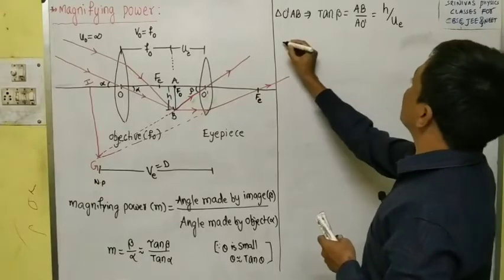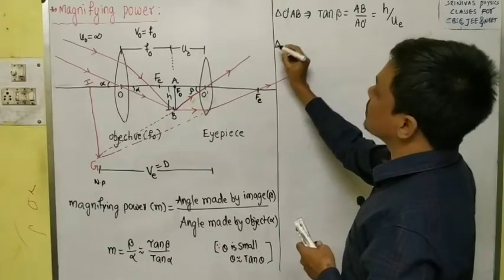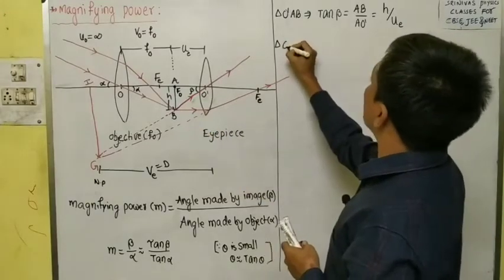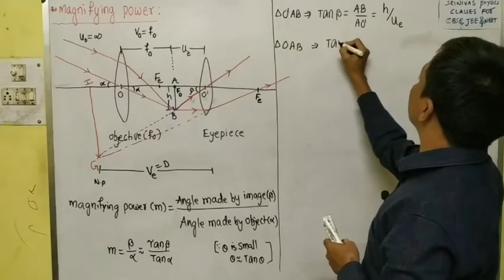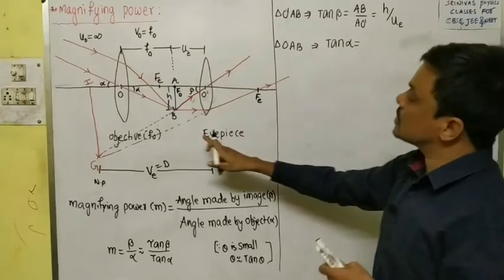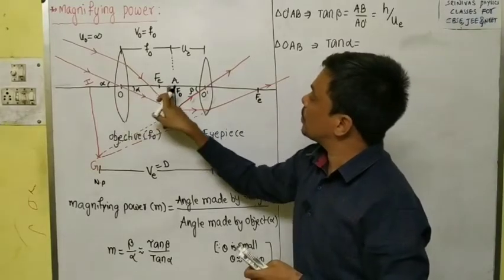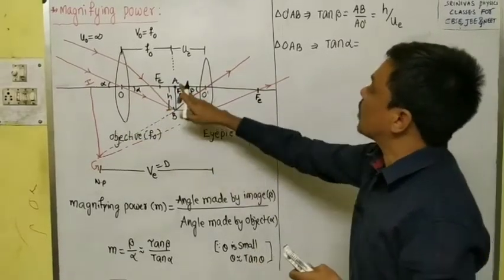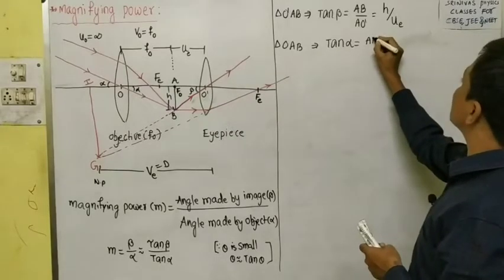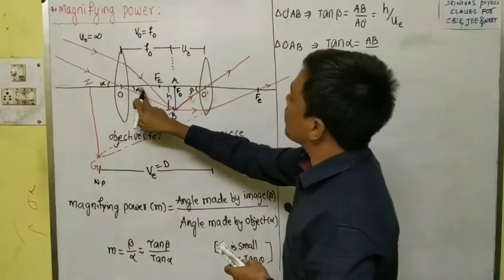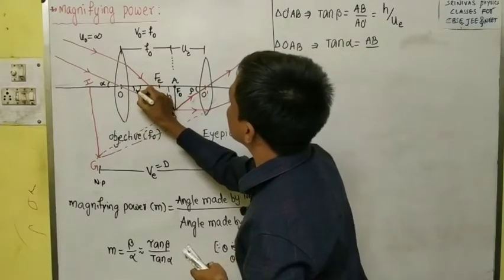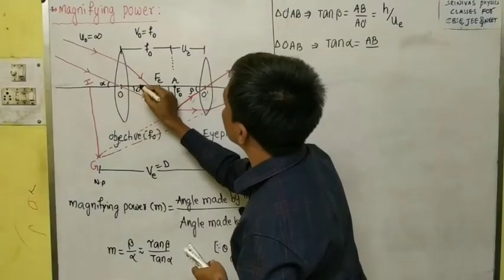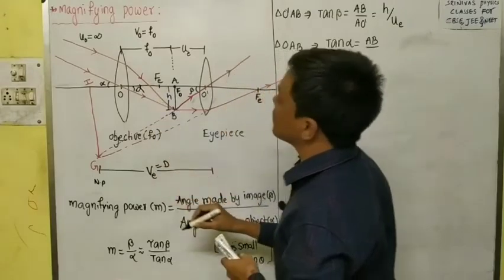Right. Next, tan alpha I want. I will take the triangle OAB. You write the tan alpha formula right here. Tan alpha is equal to opposite side by adjacent side. The opposite side is AB again. This is alpha.